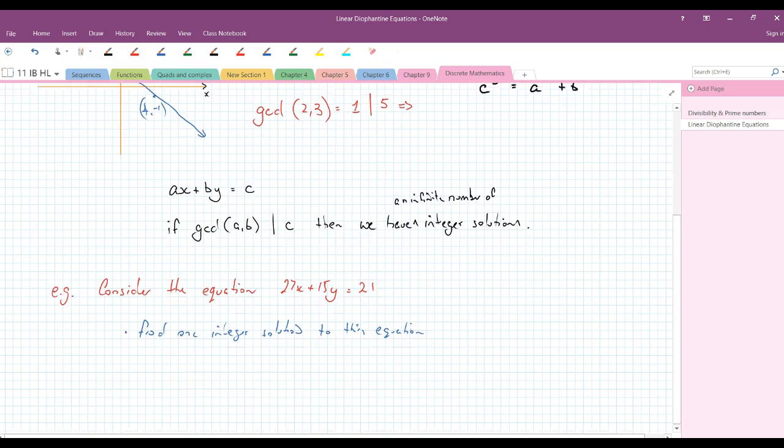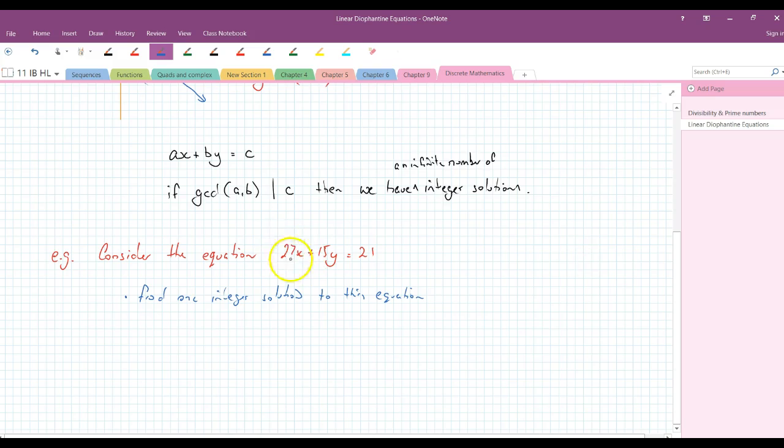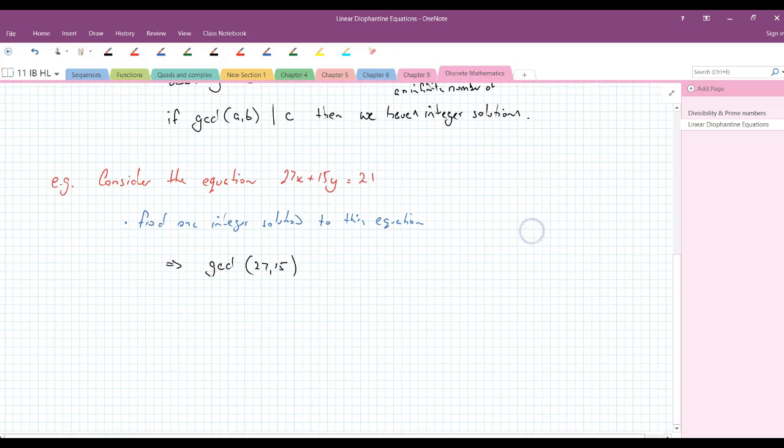Well, let's establish what our GCD of 27 and 15 is. How do we find our greatest common divisor? If you remember, we can use the Euclidean algorithm, with a capital E because this is a fella's name, Euclid.